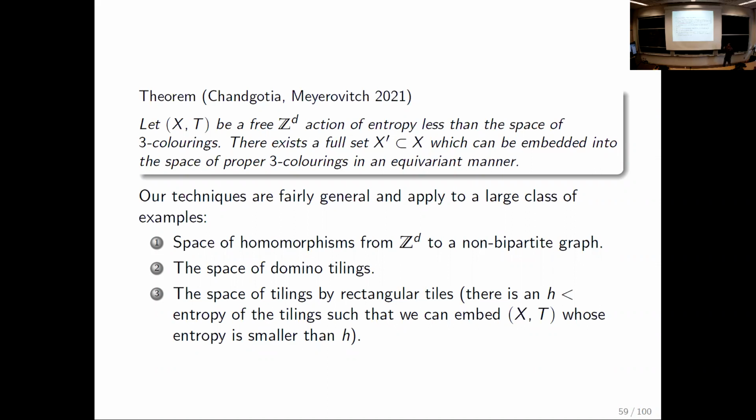So the reason is that this theorem of universality, or theorem of embedding, is only true for non-bipartite graphs because of the parity issue. If you have a bipartite graph, then you would have two partite classes, and this would mean that you have some periodicity in the system which you are embedding.